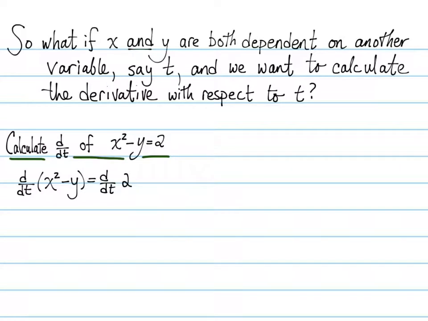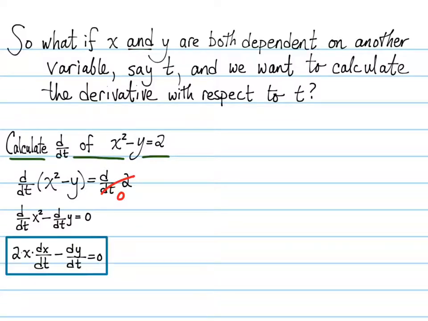Well, we just take the derivative of both sides with respect to time. The left side is a subtraction, and the right side is just the constant value 2. Since the right is a constant, when we take the derivative, we get 0. For the left-hand side, since we're subtracting two functions, we take d/dt of x squared and d/dt of y.